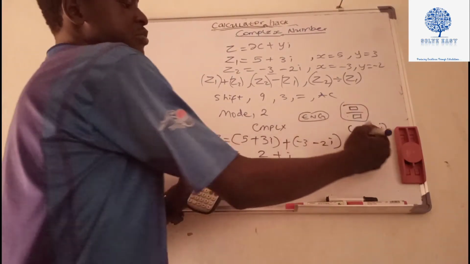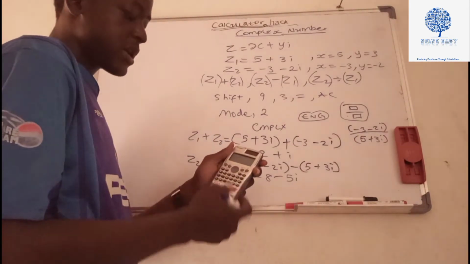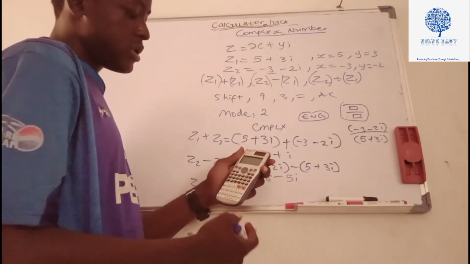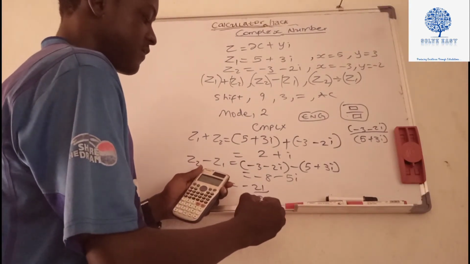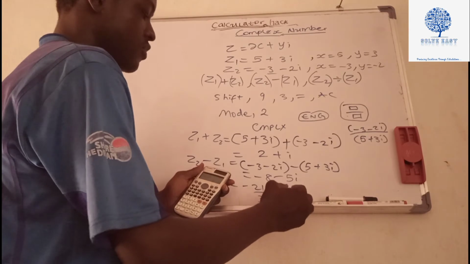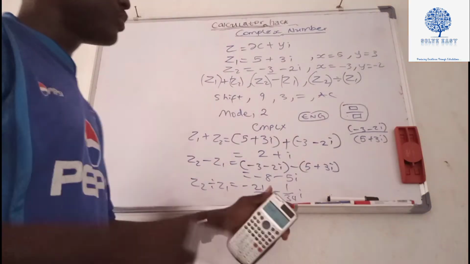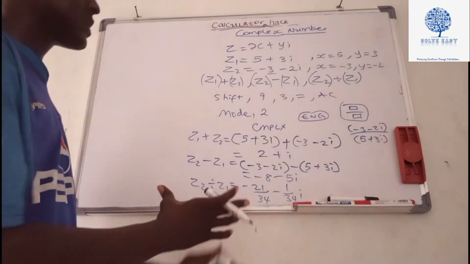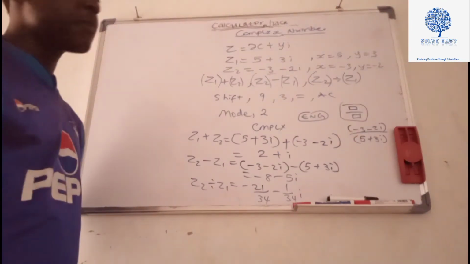Remember to use your ENG button to press your i. Then close the bracket. This all equals minus 21 over 34 minus 1 over 34i. So you should properly punch this on your calculator to get this as your final answer.